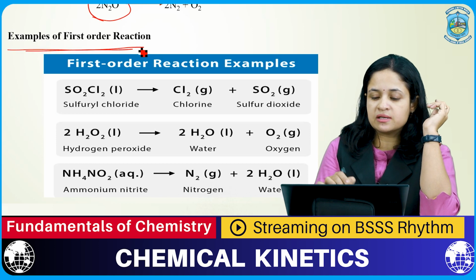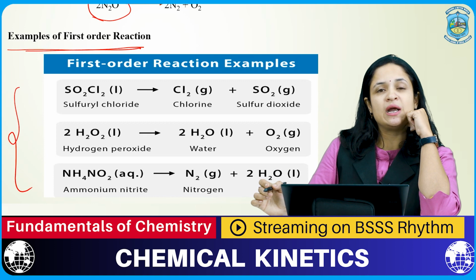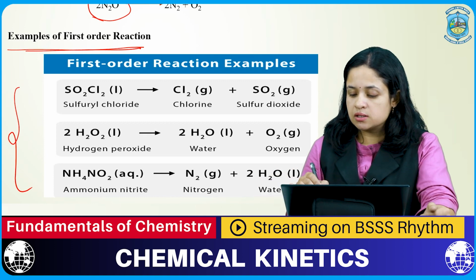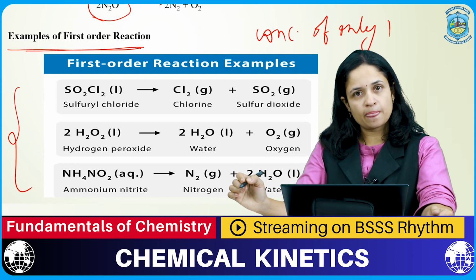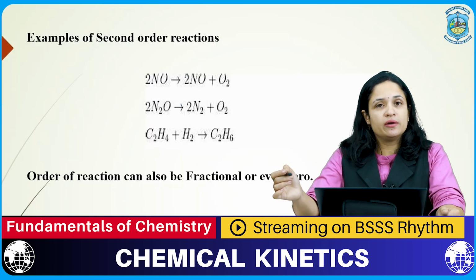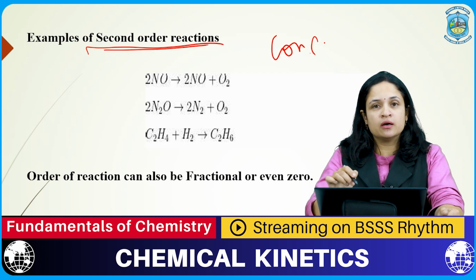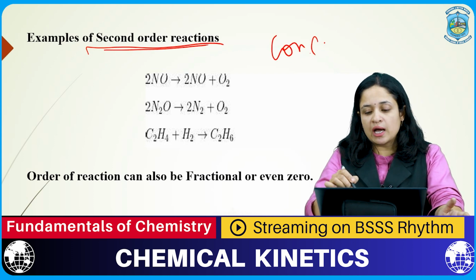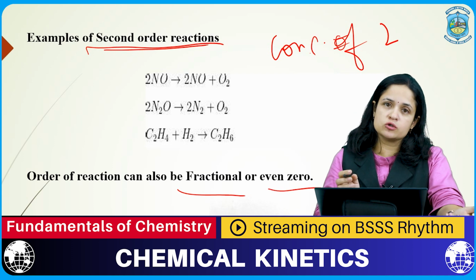First order reactions are those whose rate of reaction is dependent on the concentration of only one reactant. Second order reactions are those whose rate of reaction is dependent on the concentration of two reactants. Order of reaction can even be fractional, or it can also be zero.